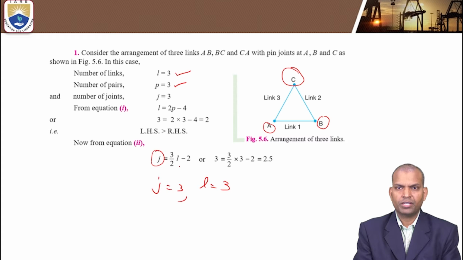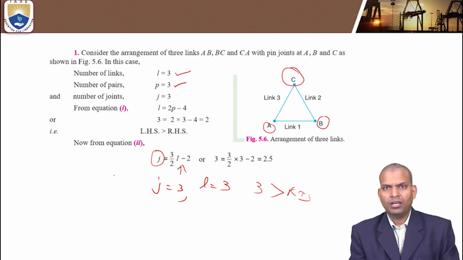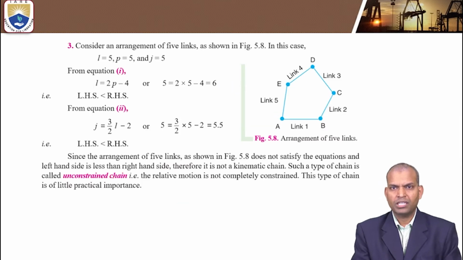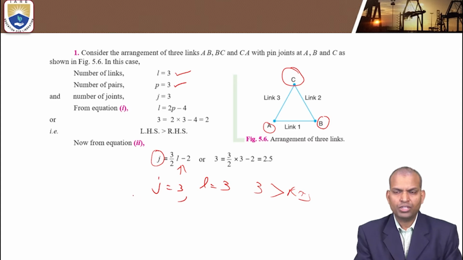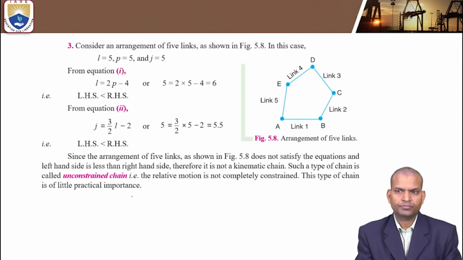Substituting in the equation, again LHS is greater than RHS. So, is it a kinematic chain? No. When LHS is greater than RHS, it is known as a locked chain, a locked system, so there is no motion transmission.